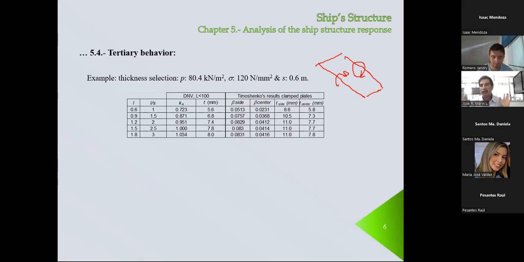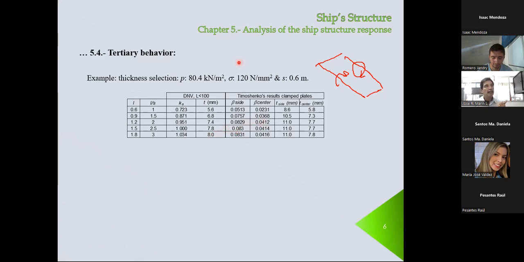I'm not going to consider the sign because we know that at the central part of the plate, the sign of the bending moment is the opposite of the one on the side. So I take this value, that value, and with this, we could calculate the bending moment.